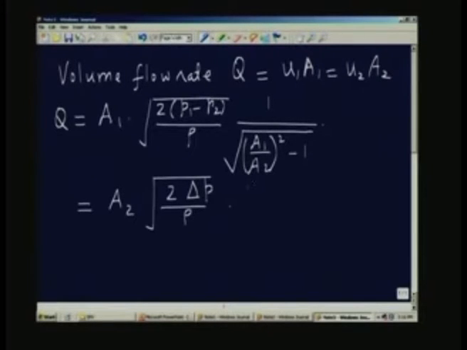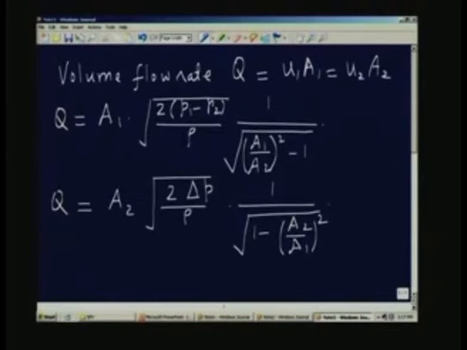So, I will adjust it by saying that this is equal to 1 minus (A2 by A1) whole squared. So, Q equals A2 times the square root of 2 delta p by rho, times 1 over the square root of 1 minus (A2 by A1) whole squared. This is the formula I am going to get.